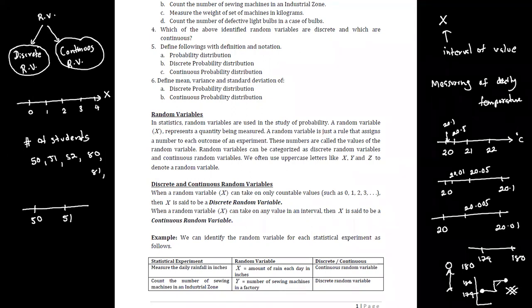It can be considered as a connecting line. If you are having 179 and 180 here, then the point 179 is here, and the point 180 is here.